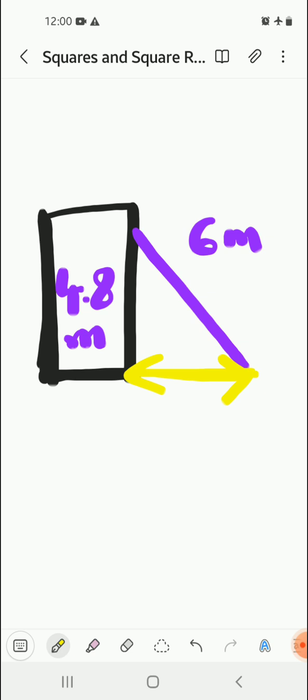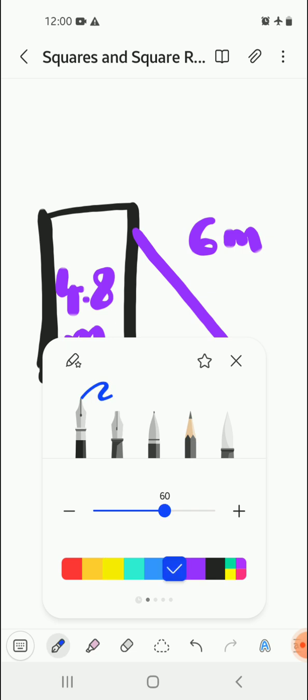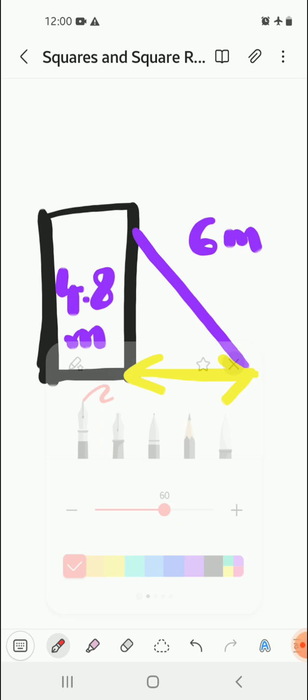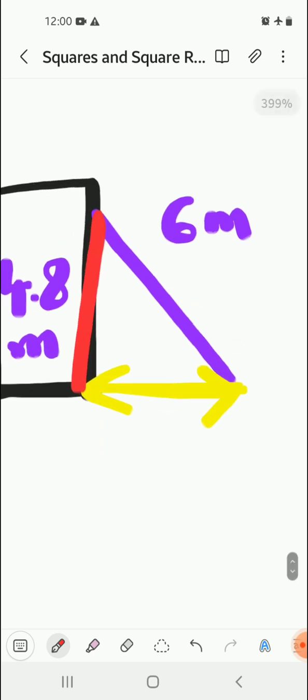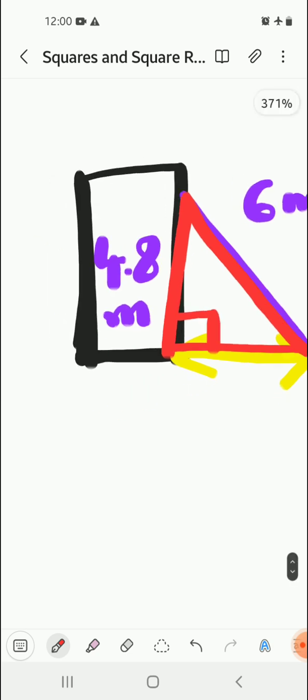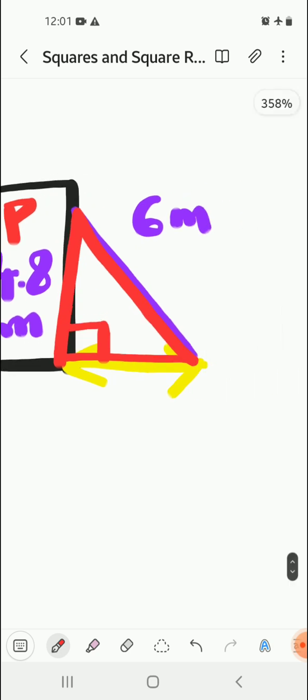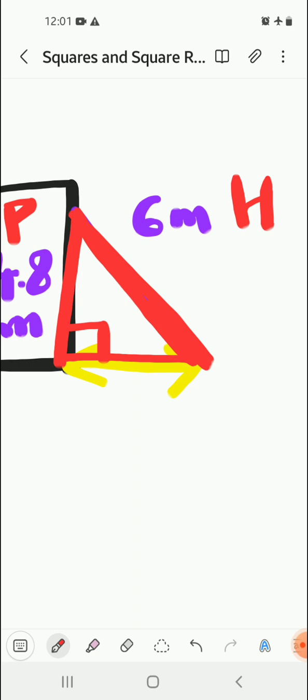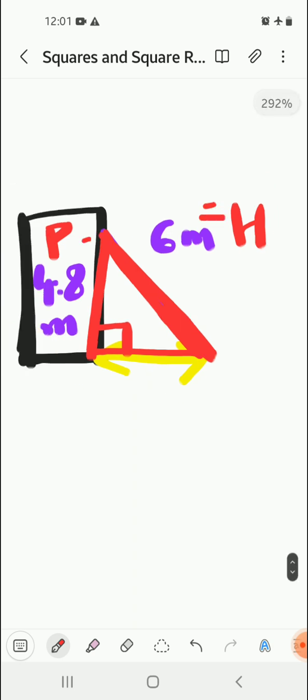Now if you see the diagram, it is basically a 90-degree right angled triangle, where this is actually called the perpendicular, and this part is actually called the hypotenuse of the triangle. So these two informations are given, hypotenuse and the perpendicular, and we have to find out the base.